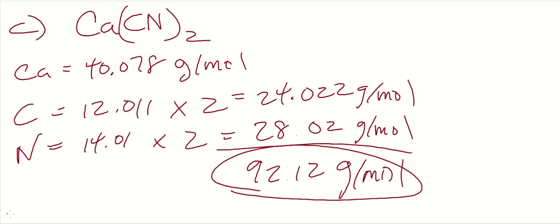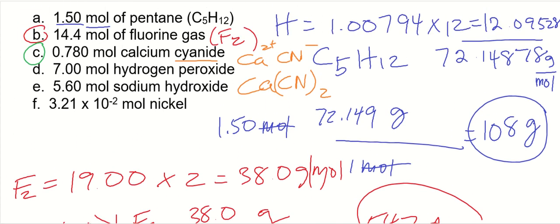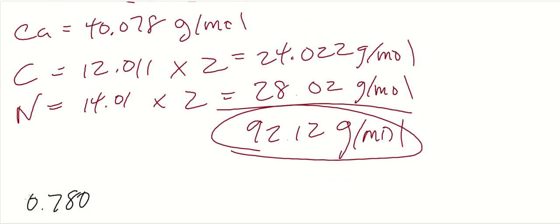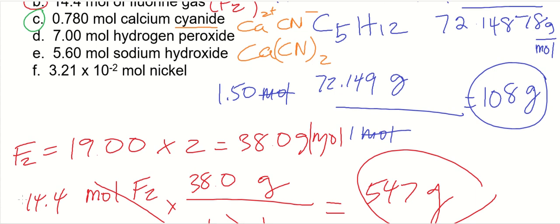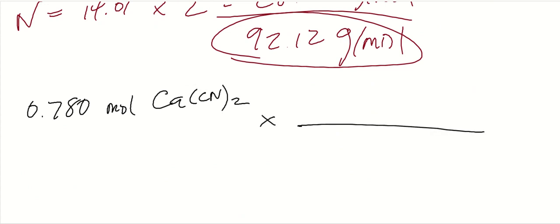All right, what was the original number that they gave us? Let's go check it out. 0.780 moles. Did they give us a 0? They did. All right, 0.780 moles of calcium cyanide. All right, turn that into grams. How do we do that?